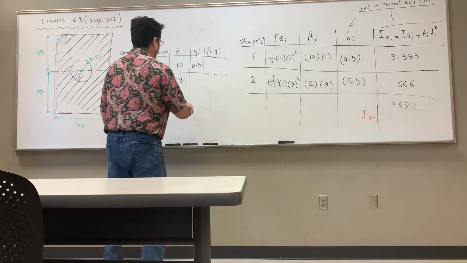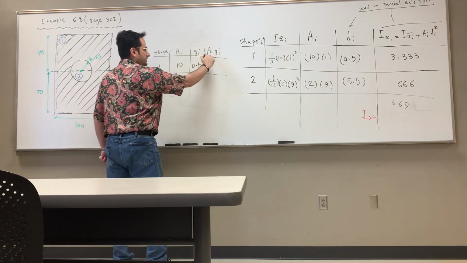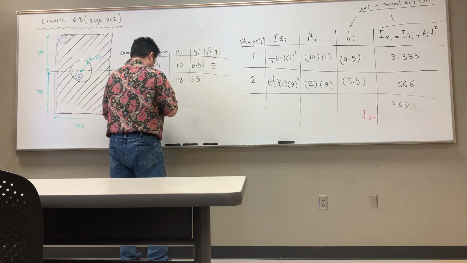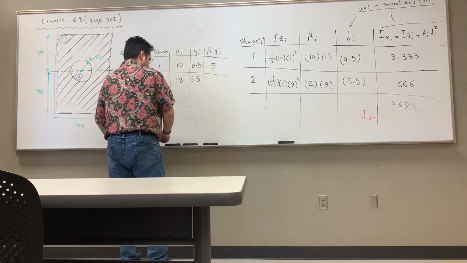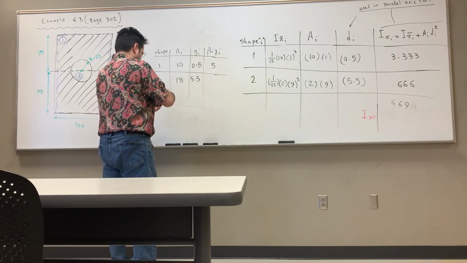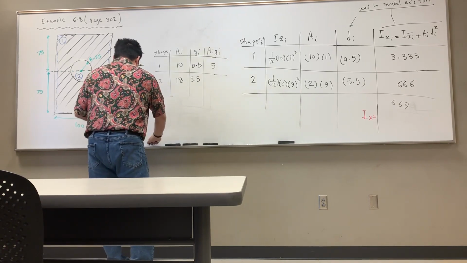So this multiplied by this, put it in the third column, 5, and then 18 times 5.5 is 99.